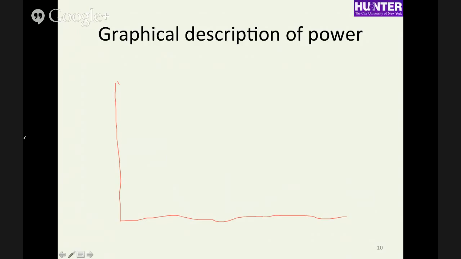So under the null hypothesis, we have a normal distribution. H0: mu equals, I don't know, what's our null cholesterol level? 200, let's say.